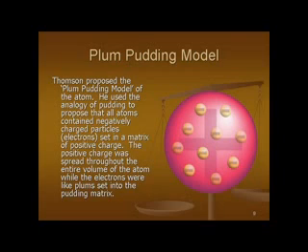If you've ever had yogurt with sprinkles, the yogurt would represent the matrix of positive charge, and the sprinkles would represent the electrons, which were particles set into that matrix of positive charge. So the positive charge was spread throughout the entire volume of the atom, while the electrons were like plums, or you could use raisins or sprinkles or whatever you can relate to in this analogy, set into the matrix of the pudding.